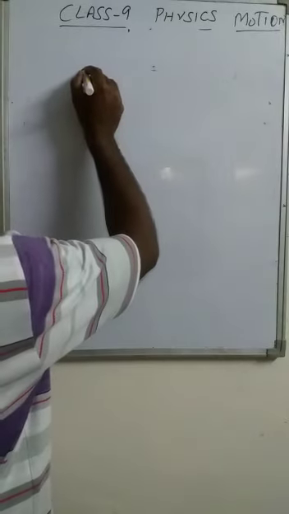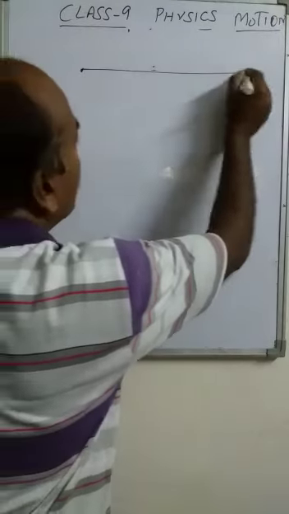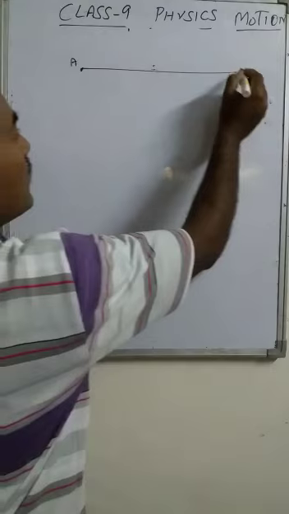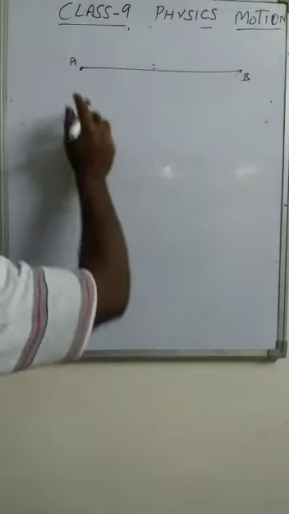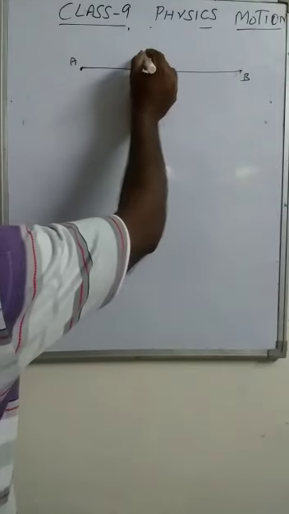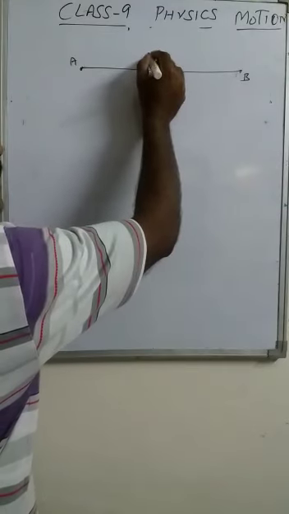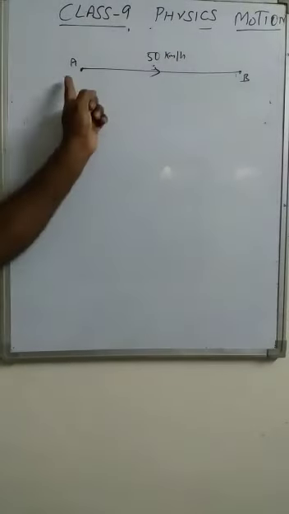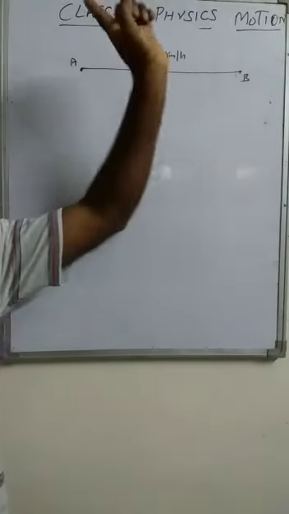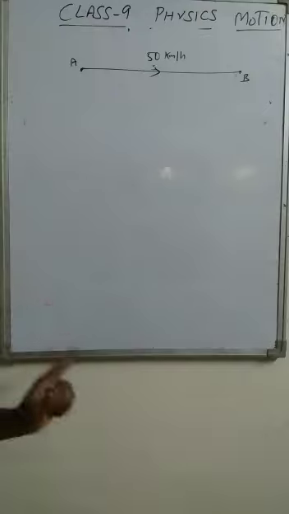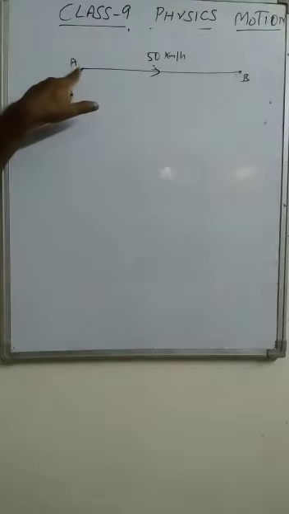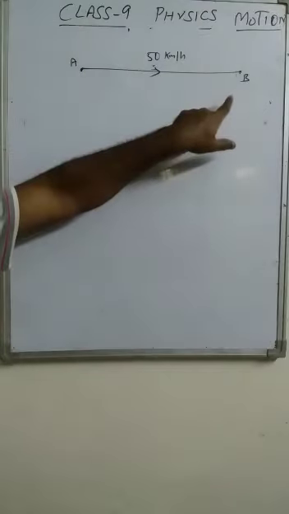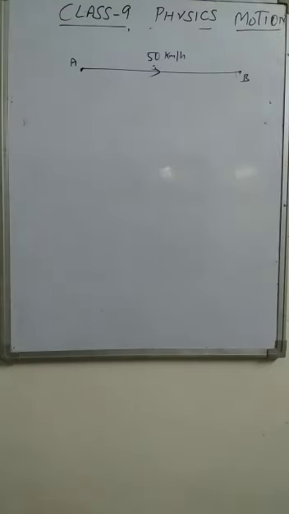Suppose a vehicle is traveling from point A to B with a speed of 50 km per hour uniformly from A to B. Means the car is traveling from point A to B along this line with a speed of 50 km per hour.